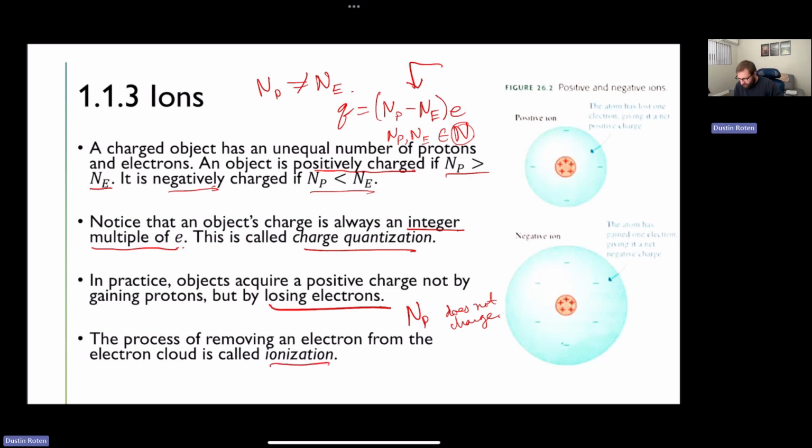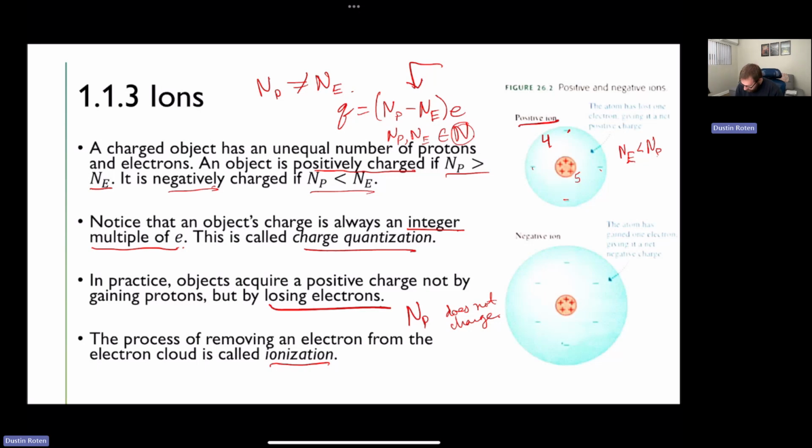So if we look at these images over here, we do have a positive ion. So that means we have a net positive charge. You can count 5 protons in here, and then one, two, three, four electrons. So in this case, we see that there's more protons than electrons. So we have a case where NP is greater than NE, which means we have a positive ion.